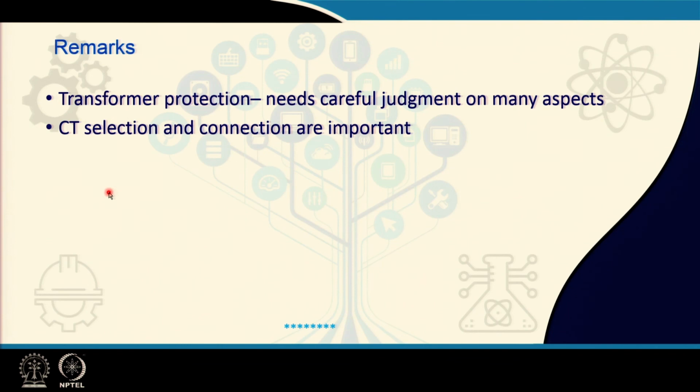And finally, through an example, the CT selection is important, and upon availability of different CT ratios, that must be addressed. The connection of the CT is also an important perspective, and CT saturation and the tolerance of the CT to a large amount of current are other related issues for the selection of the CT for transformer differential protection.